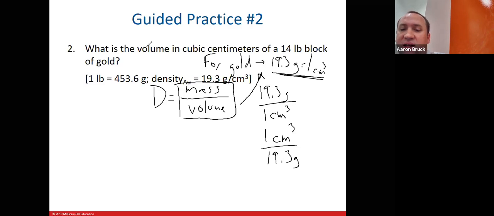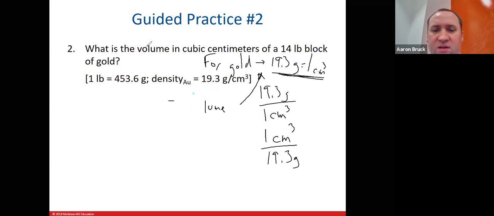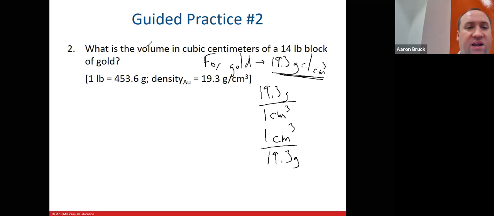So that's what density allows us to do, is it allows us to take this concept of equivalence and apply it to do direct problem solving using dimensional analysis, using the equation to kind of guide us.